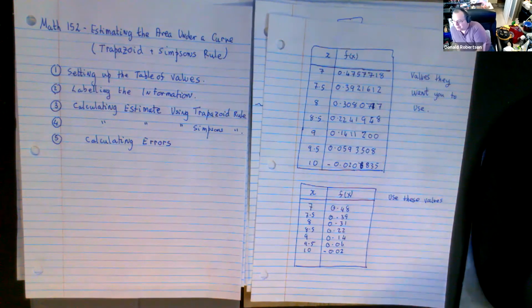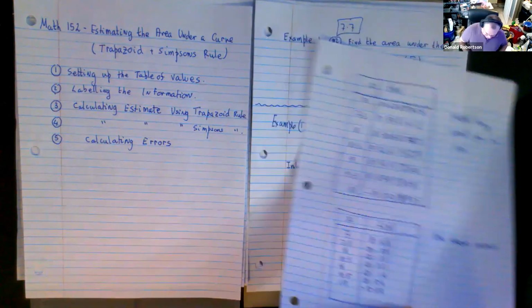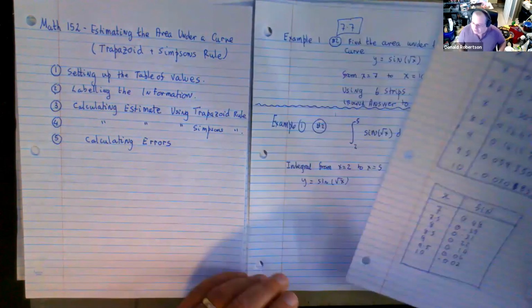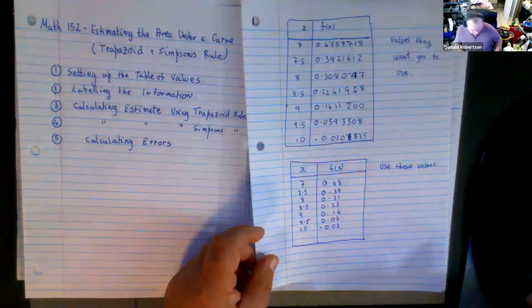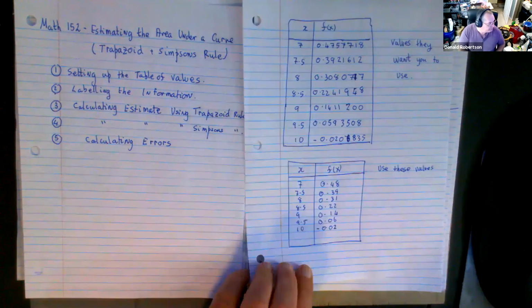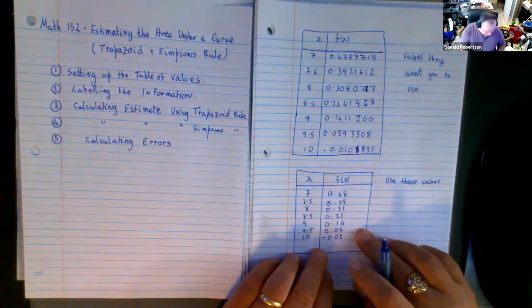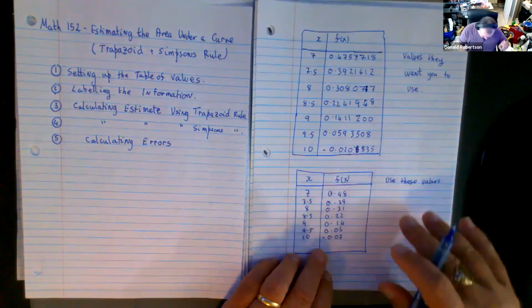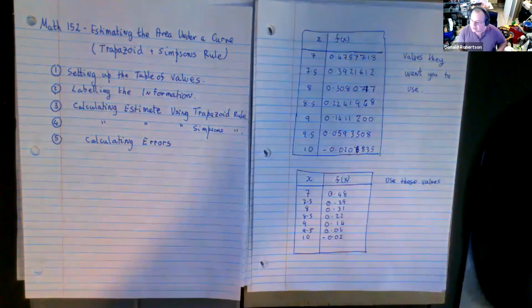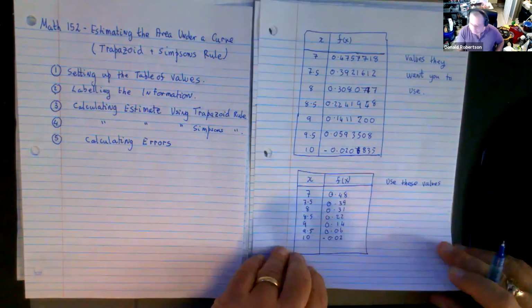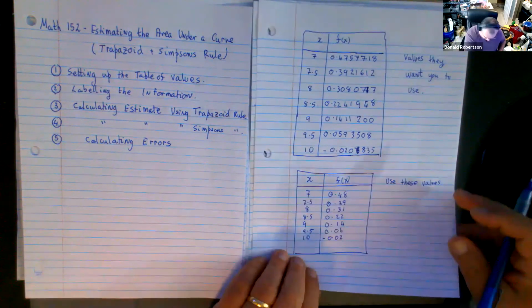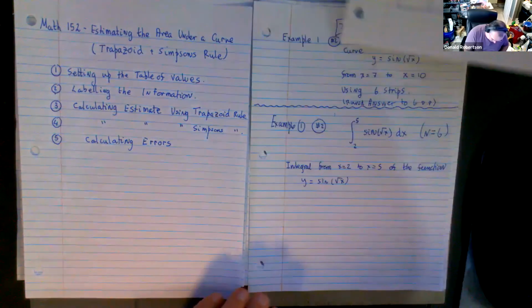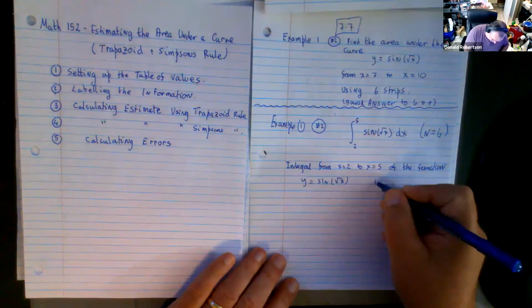I just don't want you to hate math because you're getting frustrated with hitting 20 digits all the time just to get a simple answer. I've changed the software to recognize, fingers crossed, that we're using a different accuracy, and that's fine. So ours is going to be to 2 decimal places.